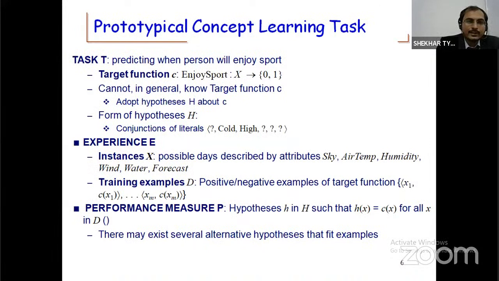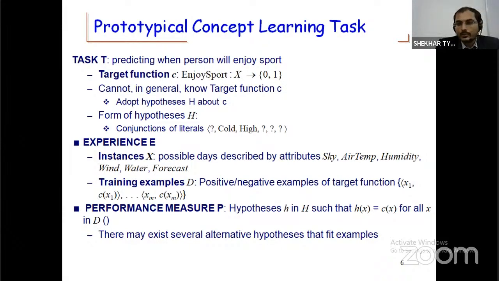Now, the concept learning task specifies a particular machine learning task or algorithm into three parts. First is the task, second is the experience, and third is the performance measure. In the task, we have a target function. We utilize this target function to decide on a hypothesis, whether a hypothesis results in a positive training set or provides a negative training set, right?